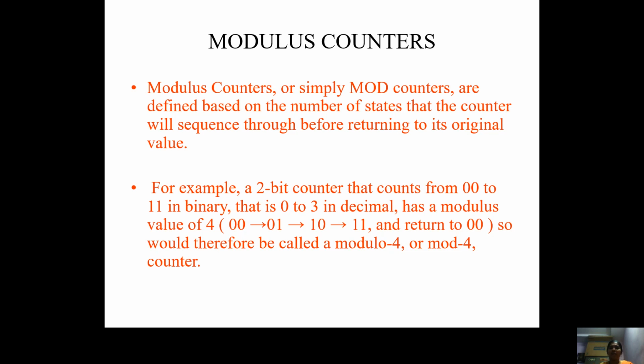The number of sequences the counter can give us is nothing but the modulus value. Since a 2-bit counter can count 0 to 3 in decimal, which is 4 values in counting, it is known as a mod 4 counter, modulus 4 counter.